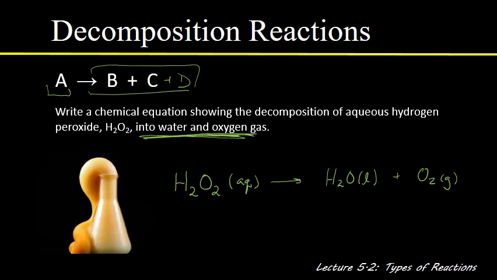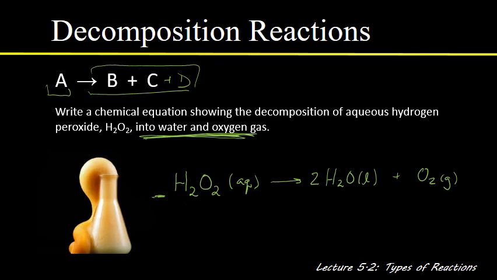And so we can look at this and play around with it a little bit. Again, no matter what we put over here, we're going to need an even number of hydrogens and an even number of oxygens on the right. We've got an even number of hydrogens here, but we have an odd number of oxygens. So we could fix that by putting a 2 here.